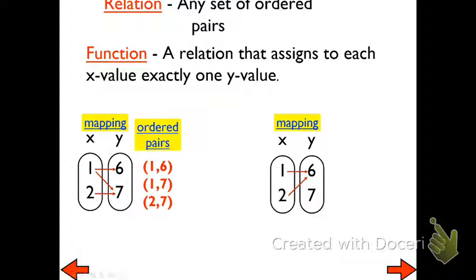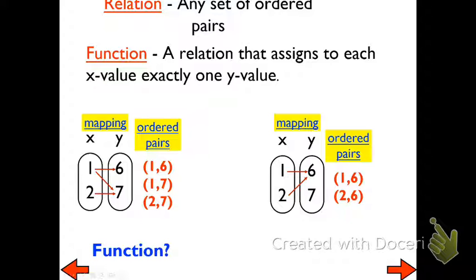Okay, look at this one. Our x's are 1 and 2, our y's are 6 and 7. If we write them as ordered pairs, we have (1, 6) and (2, 6), okay? So the first one on the left is not a function because the x value of 1 has two different y values.